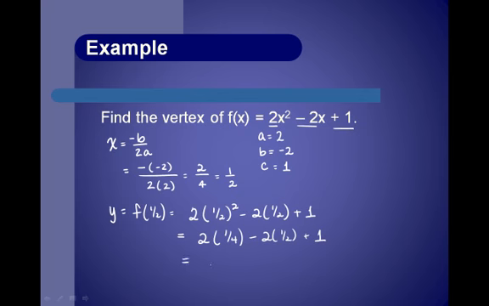Well, that is 2 over 4, which is 1/2, minus 2 times 1/2 is just 1, and then plus 1. Well, 1/2 minus 1 plus 1 is going to just give us 1/2. So our vertex is x is 1/2 and y is 1/2.